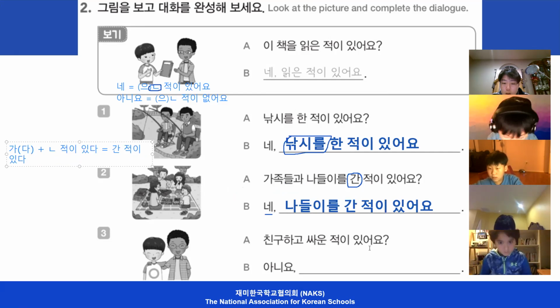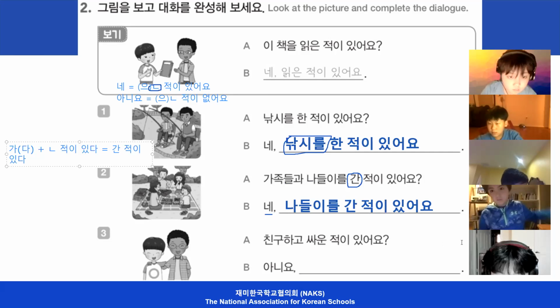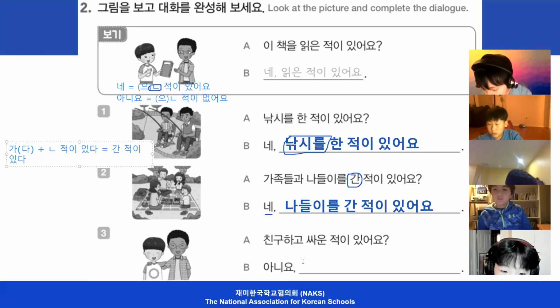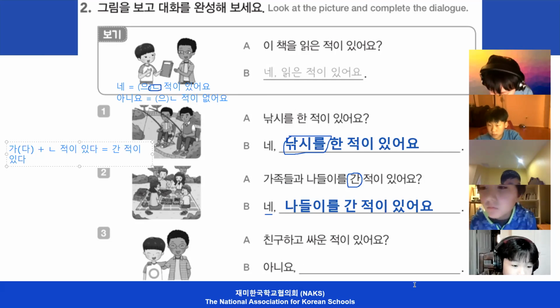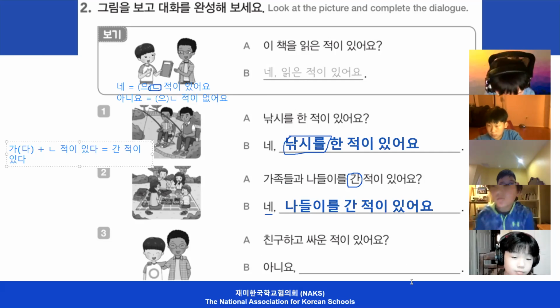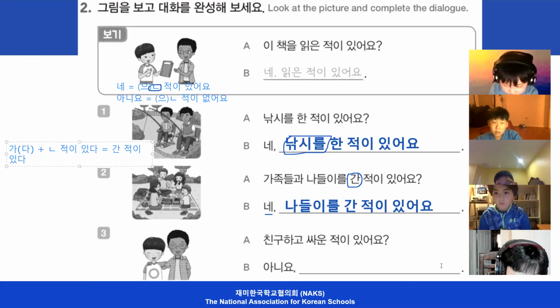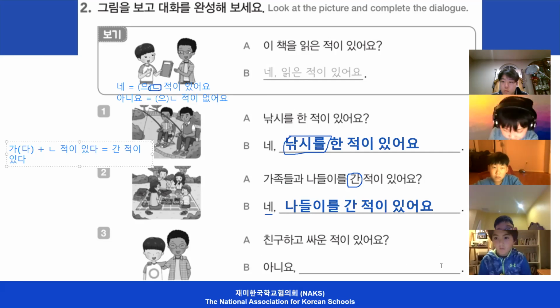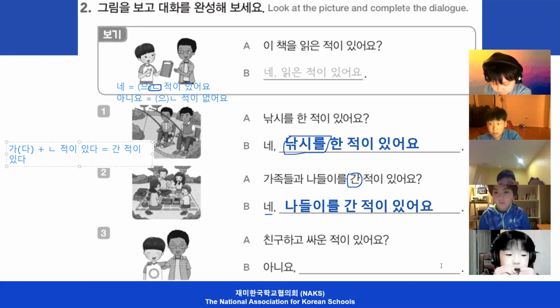Number 3. 친구하고 싸운 적 있어요? Have you ever fought with your friend before? And in this case, it answers no, 아니요. So let's see. Leon wants you to say the B answer. Do I say what I wrote down on the homework? Yeah.